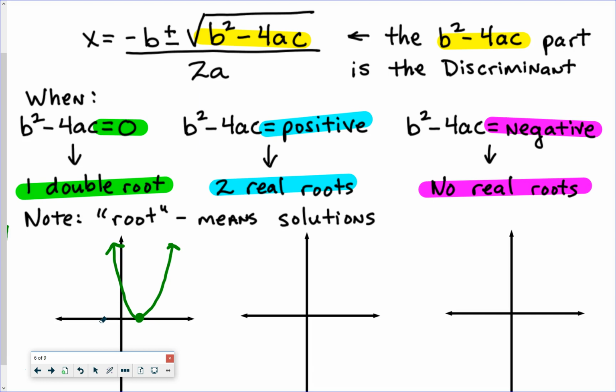Whenever you square root an answer, you always have 2 results. The square root of 9 is 3 and negative 3. Square root of 4 is 2 and negative 2, right? So when we do the square root of a positive number, we will always have 2 real solutions. Real solution means it's crossing our x-axis. Like that.